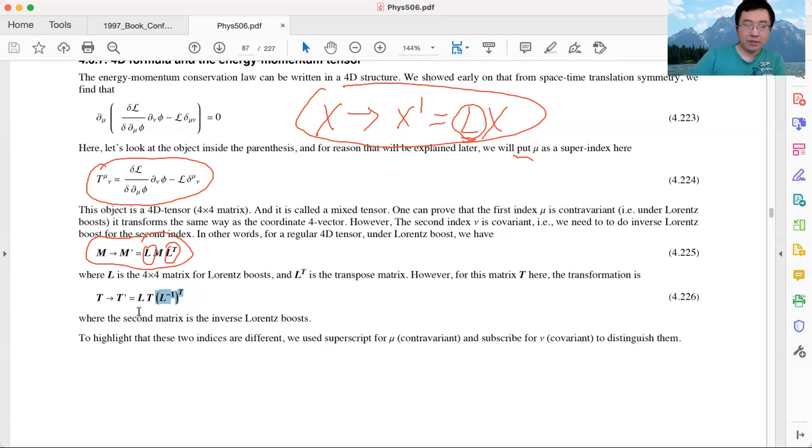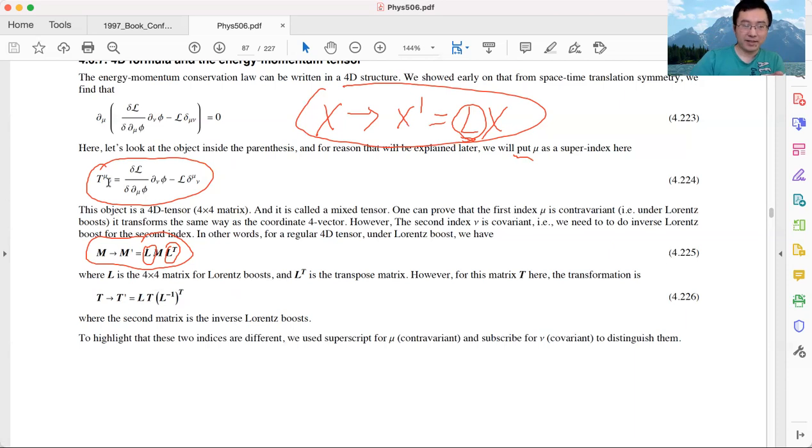The mathematical terminology for this matrix is a mixed rank 2 tensor. For the first index mu, it's a contravariant index, and we know contravariant follows Lorentz boost. That's why we have Lorentz boost.